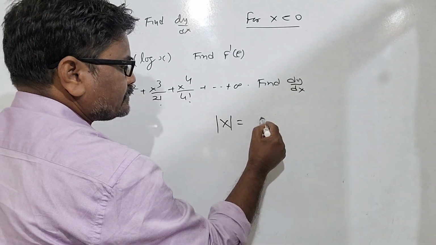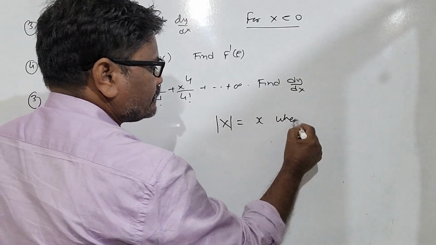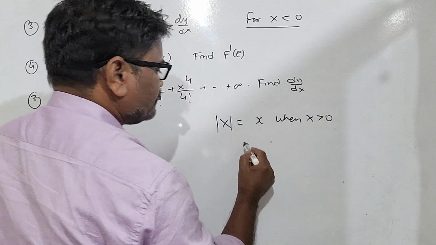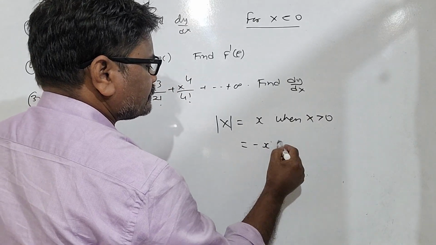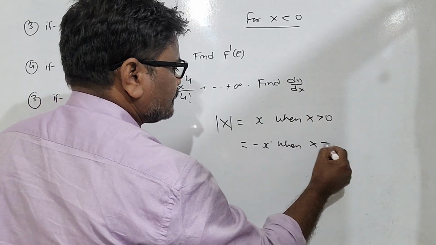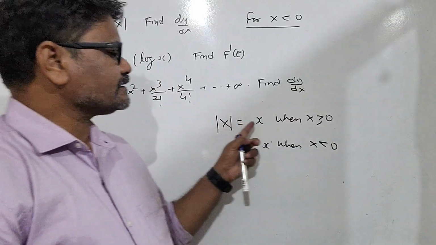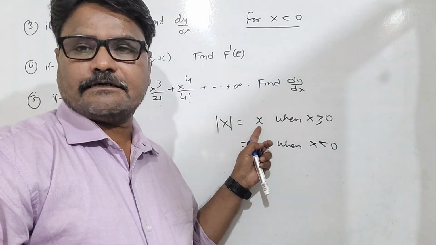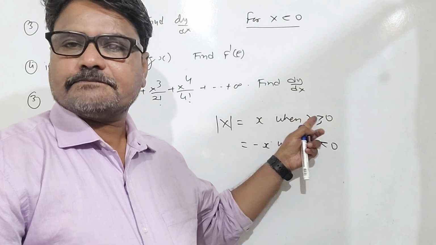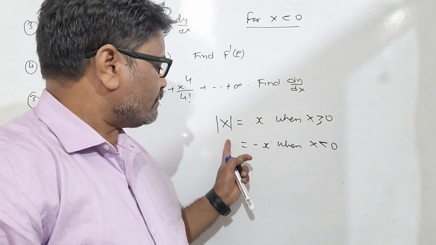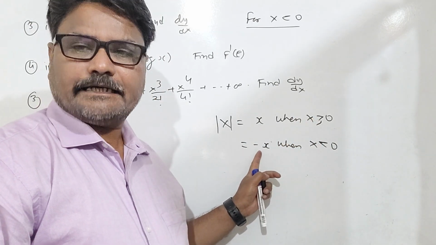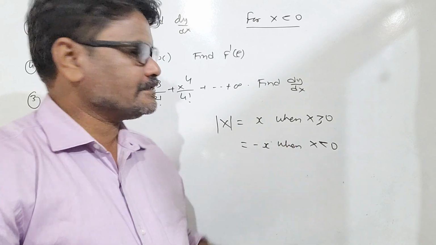Mod of x is x when x is greater than or equal to 0, and it is minus x when x is less than 0. That is, mod of x opens as x when x is positive or 0, and as minus of x when x is less than 0.